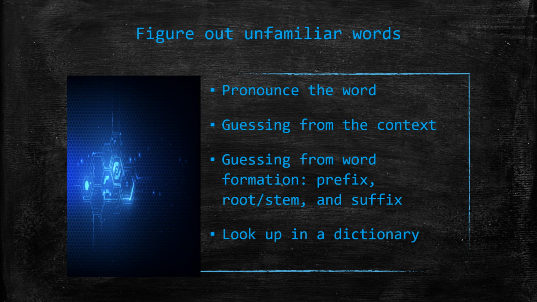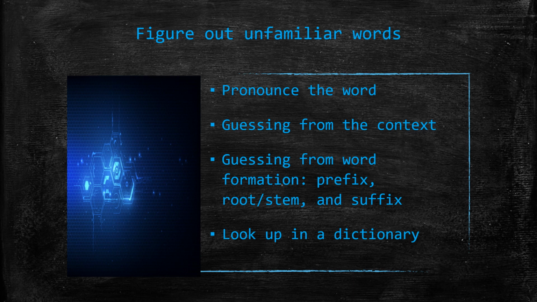Third, guess the meaning of the word from its word form, from the root, from the prefix, or from the suffix. For example, the word untouchable consists of un, which means not, combined with touch, which means come into contact, and able, which means having what is needed.